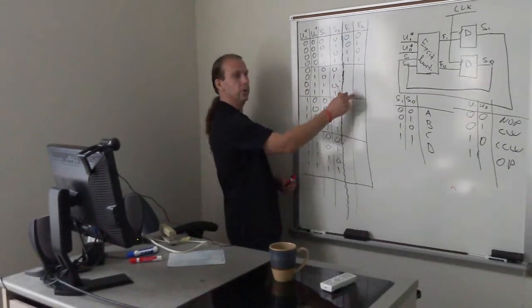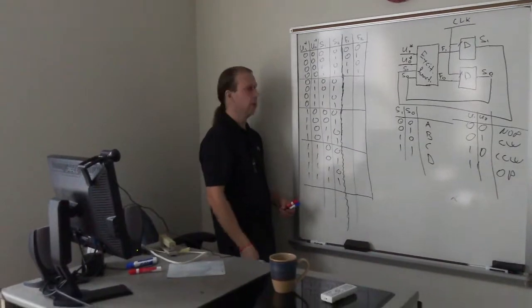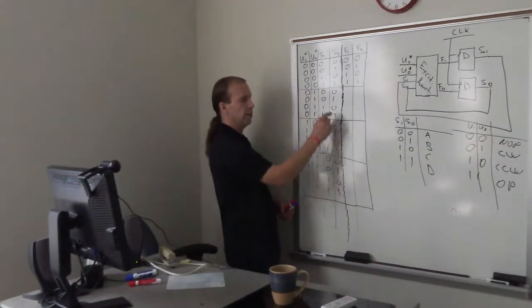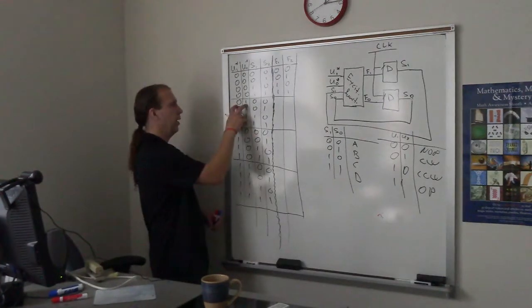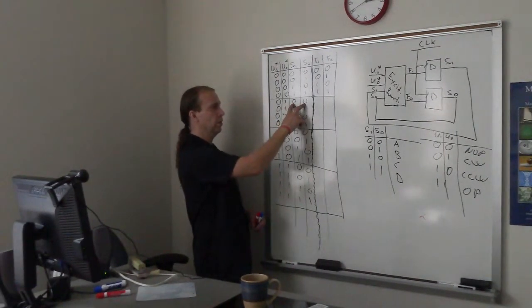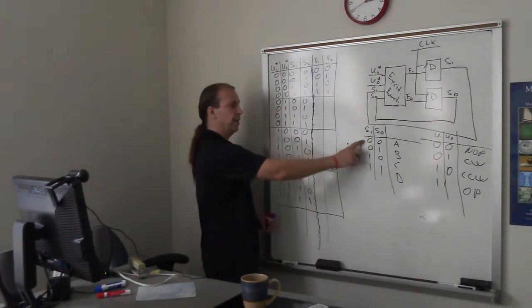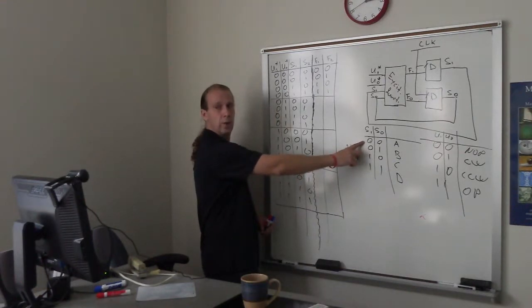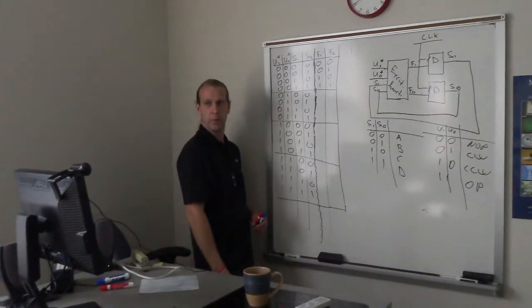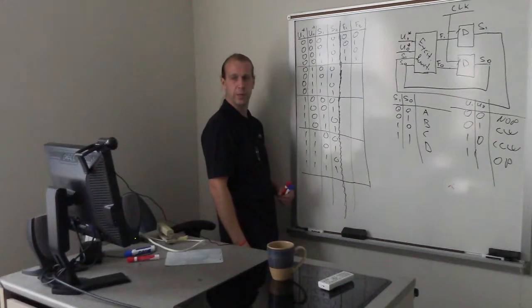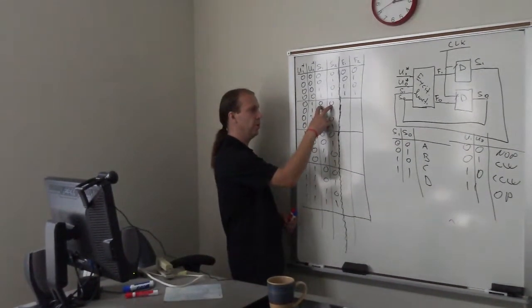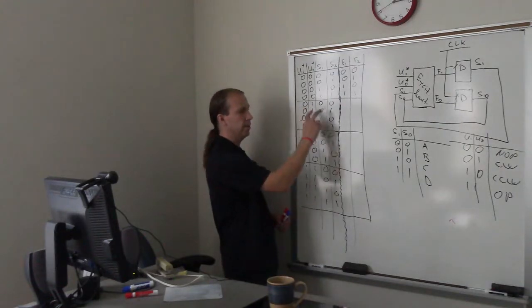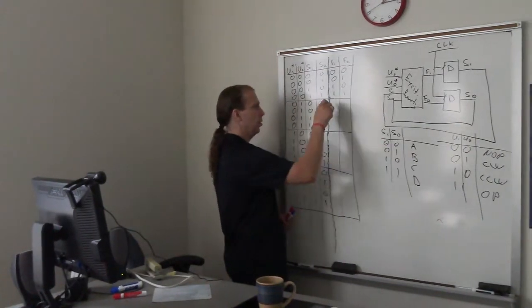The second cell is a bit more tricky. The clockwise command given to state 0, 0, state A, according to the original diagram, must result in the new state equal to B. So from 0, 0 with clockwise, we go to B, which is 0, 1.